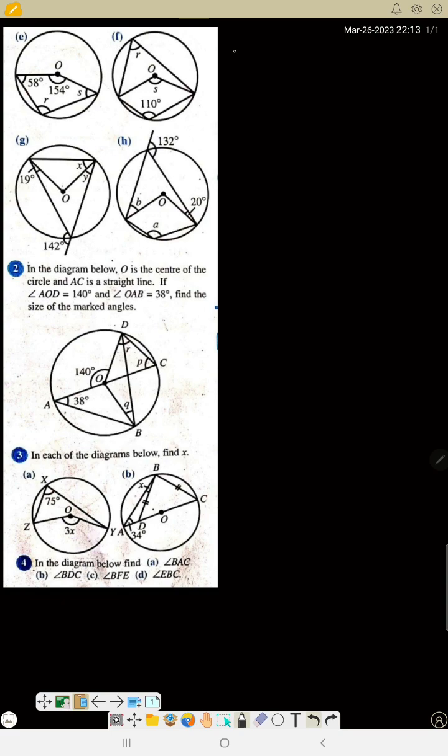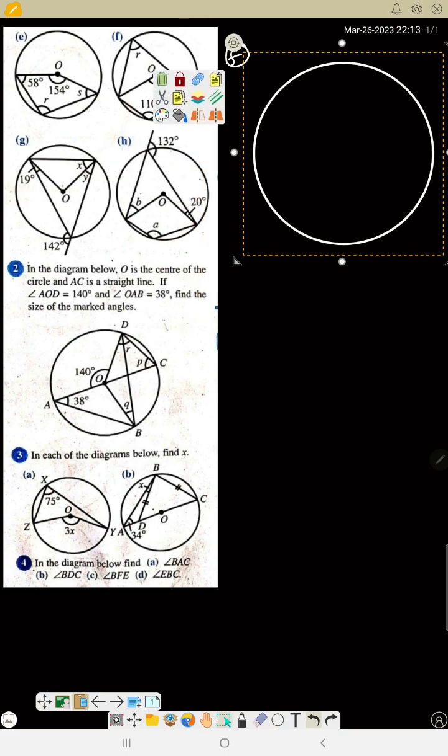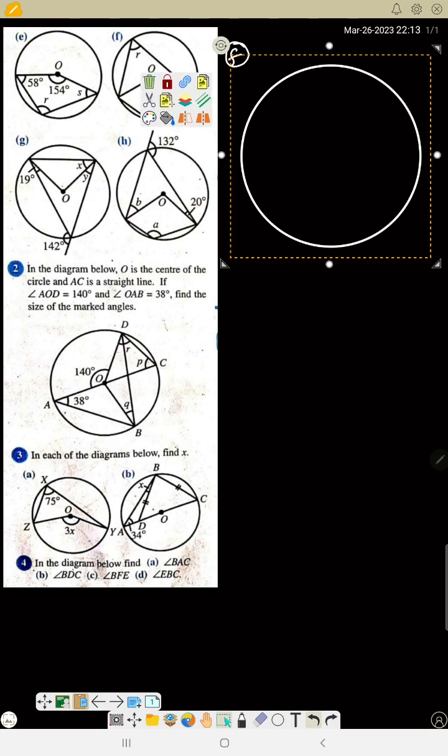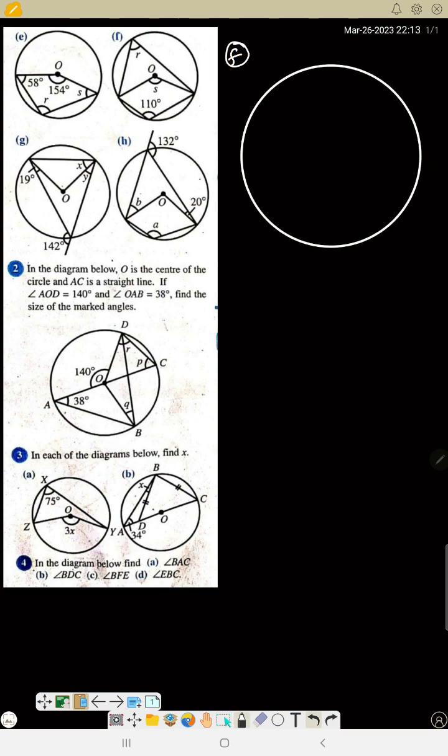So F. So center. So I have something like this.